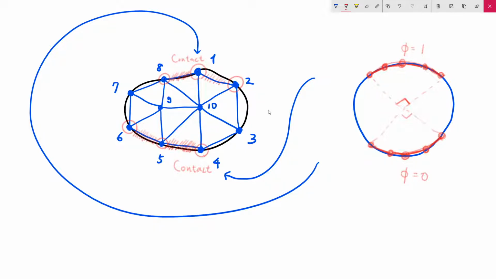Or you can test your code with many different configurations of your contacts, top contact or bottom contact, or anyhow two contacts. You can even try to apply more contacts, not just two contacts. For example, you can apply -1, then maybe you will have a very interesting result over your system.